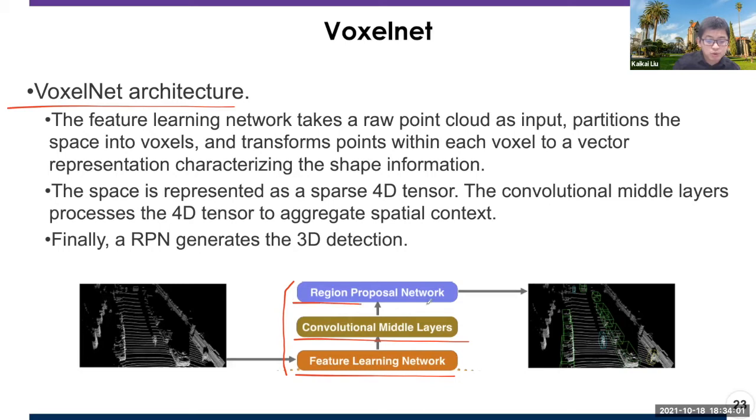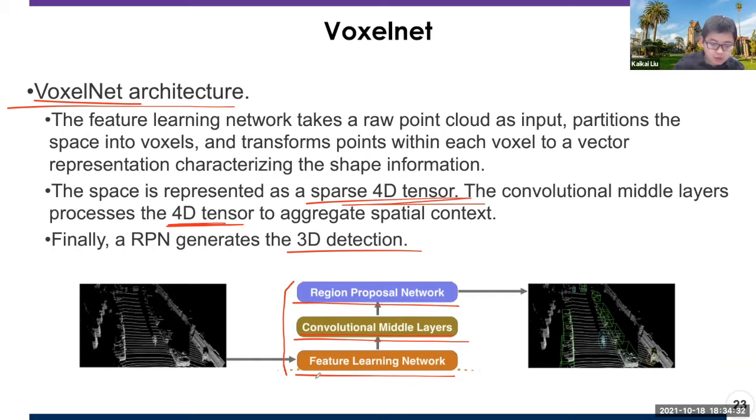Finally, they have the region proposal network to get the 3D bounding box. After the feature learning network, you get a sparse 4D tensor. That's why this convolution middle layer is not convolution 2D, it's actually convolution 3D. They process the 4D tensor, then finally get the 3D detection. So it becomes a generalized detection framework for the LiDAR point cloud.